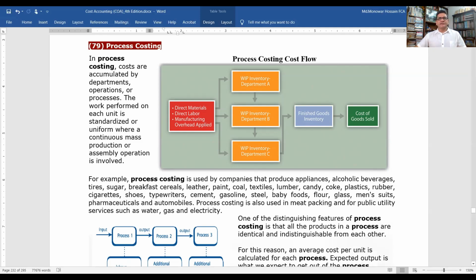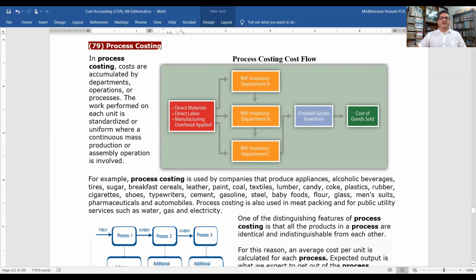If we look here, direct material, direct labor, and applied manufacturing overhead go to the work in progress inventory of Departments 1, 2, and 3, and then to finished goods inventory.